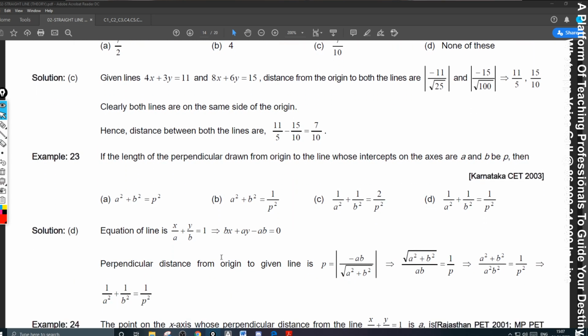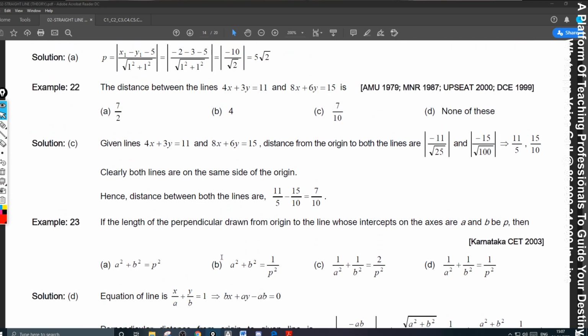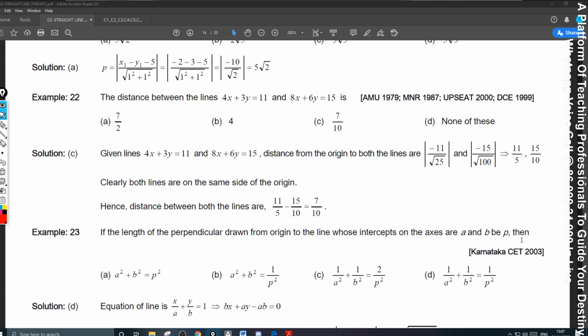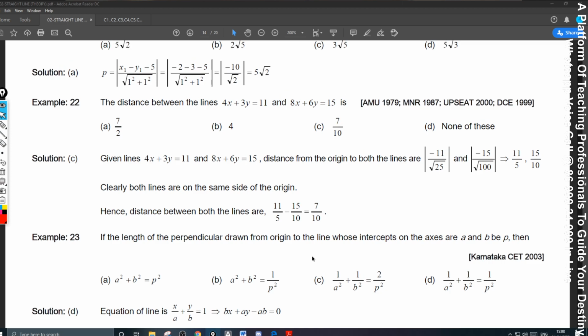If the length of the perpendicular drawn from the origin to the line whose intercepts on the axis are A and B be P, then, you see, it's also a simple question.